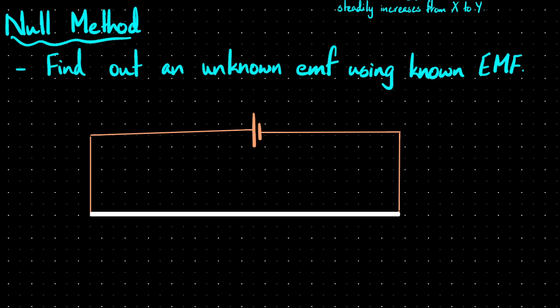And then what we have in the lower part of the circuit is another EMF source, like this. And connected to this, we have something called a galvanometer. This is the circuit symbol for this.